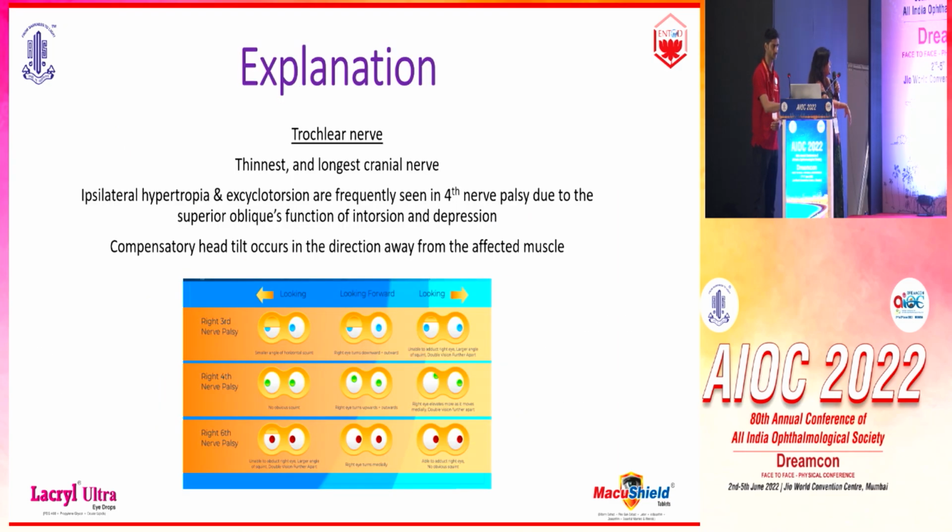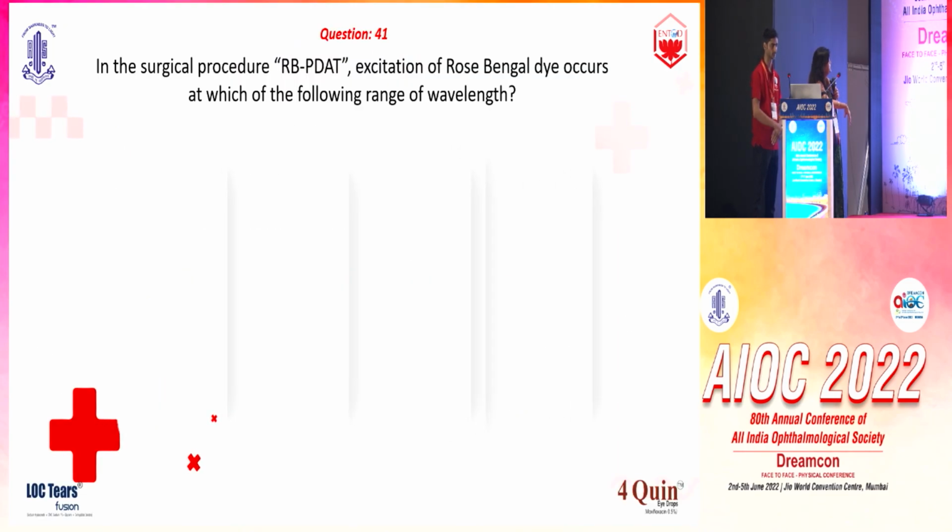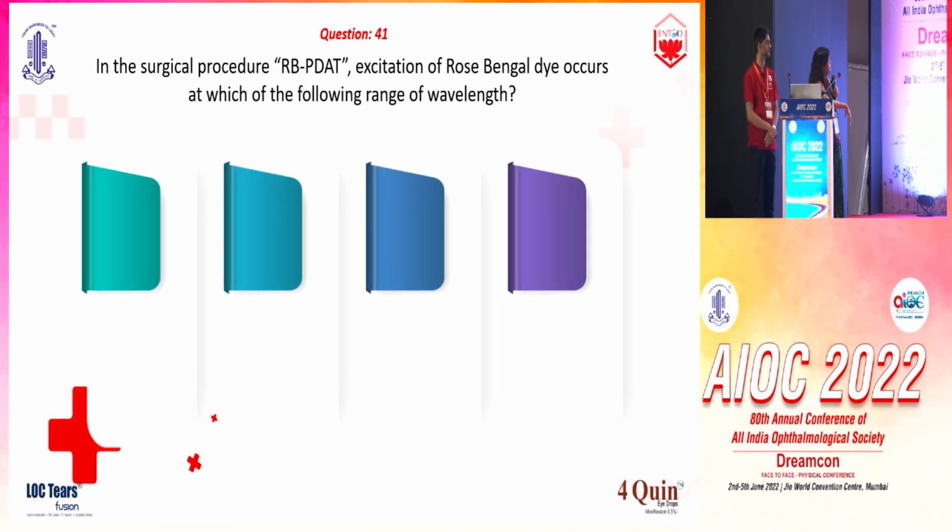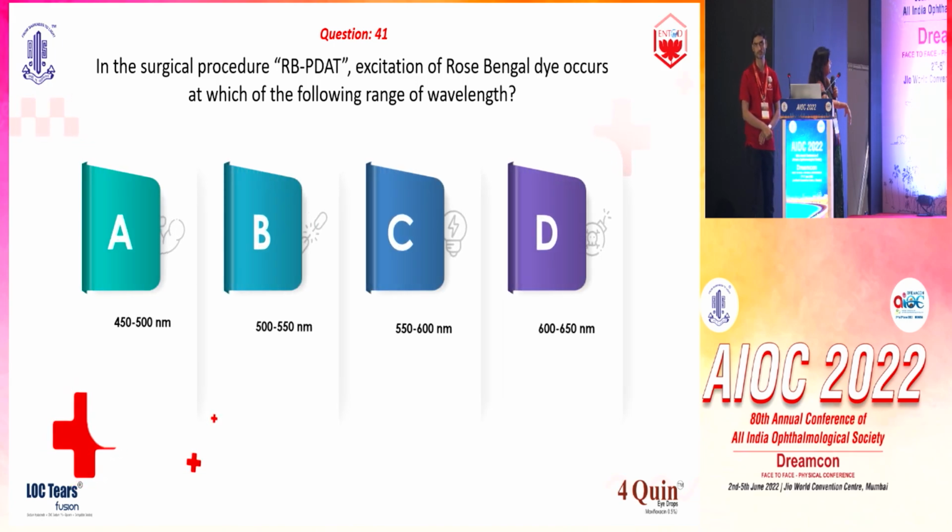Okay, we move to the next question. In the surgical procedure RB-PDAT, excitation of rose bengal dye occurs at which of the following range of wavelength? 450 to 500, 500 to 550, 550 to 600 nanometer, or 600 to 650 nanometer?